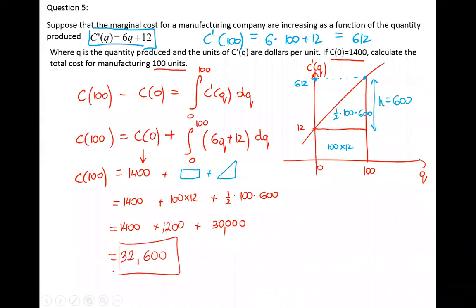Please check. 26, yes, thank you. 30 plus 2 is 32. That's the total cost of producing 100 units. Again, I use the fundamental theorem of calculus, the definite integral through the area. Of course, this is dollars.